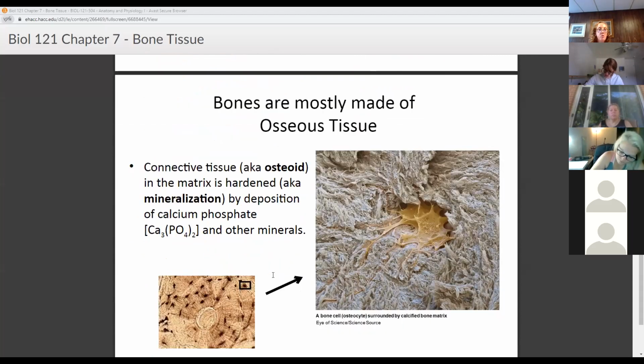Bones are made mostly of osseous tissue. The connective tissue in the matrix, which is called osteoid, is hardened via mineralization by depositing calcium phosphate and other minerals onto that connective tissue.